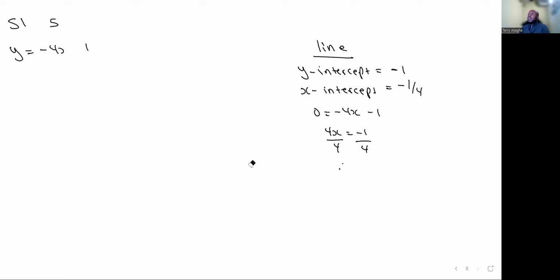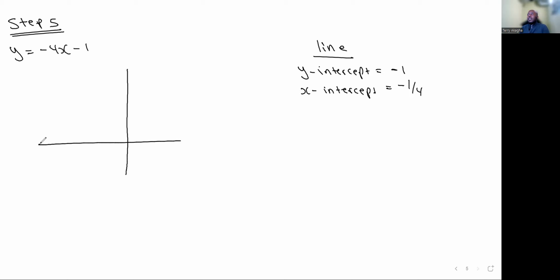So we can clean this now. That's the line for the line equation there. So we can sketch that if we want to. Okay, this is step 5. If you want to sketch the graph, you have something like this. The y-intercept is -1, so let's say we have -1 here.